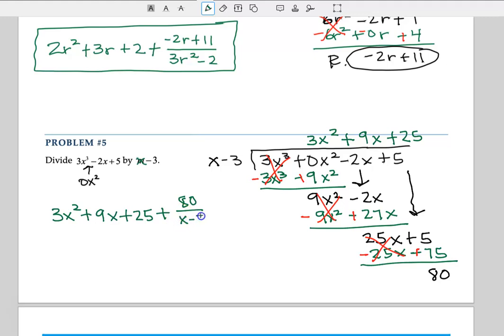X minus 3. Yeah, whatever that divisor is, what you're dividing by. And that's how you leave it. Okay, so it's just going to take a little bit of practice, I think, just remembering that long division, but I know you guys can do that. So let's see, how's this?